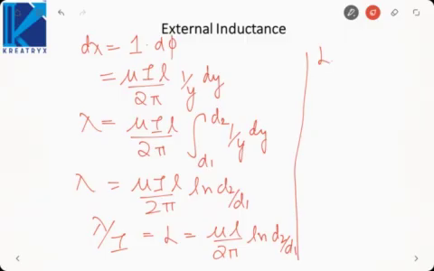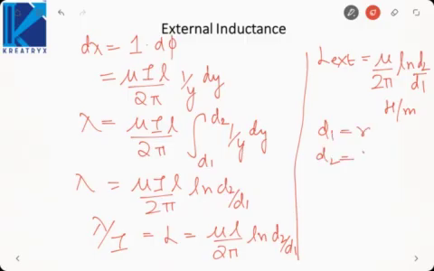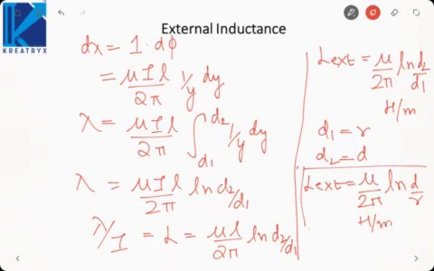Now again, inductance per unit length, L external, will be mu by 2 pi ln d2 by d1 Henry per meter. Now suppose we take d1 equal to R, d2 equal to d. The external inductance is given by mu by 2 pi ln d by R. That is your external inductance of a conductor up to a distance d.